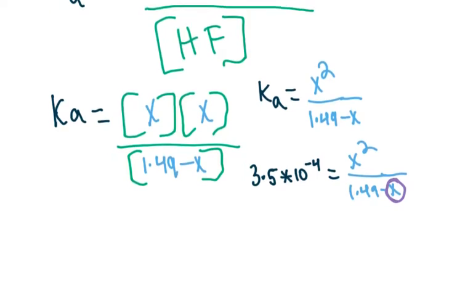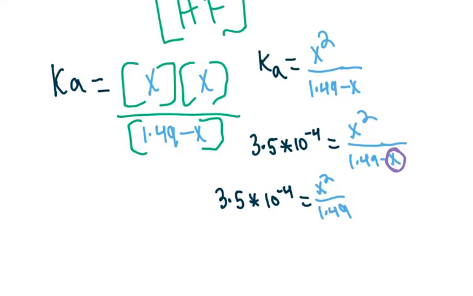If we assume that, then 1.49 minus a very small value is still about 1.49. So that means we can write this as 3.5 times 10 to the negative fourth equals x squared over 1.49. And now our life's way easier, right? Because now we just have one variable and we can solve easily.